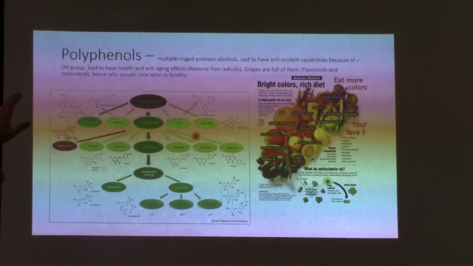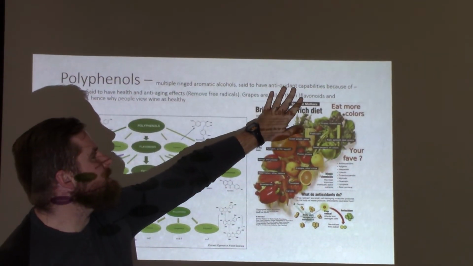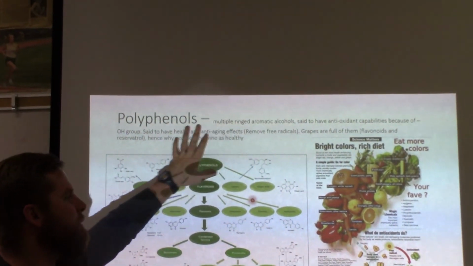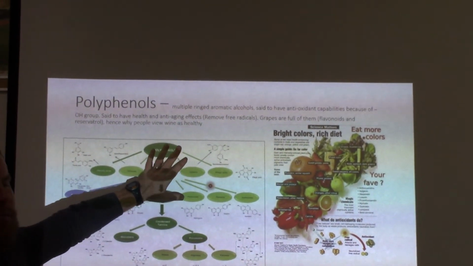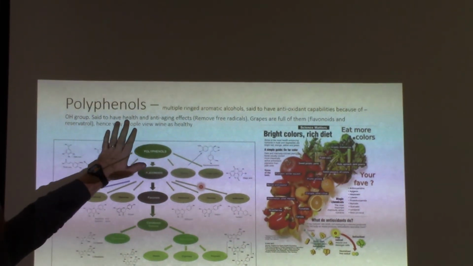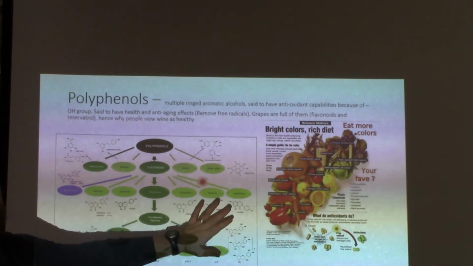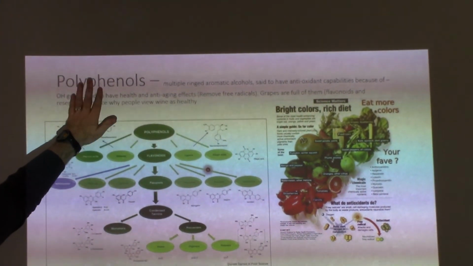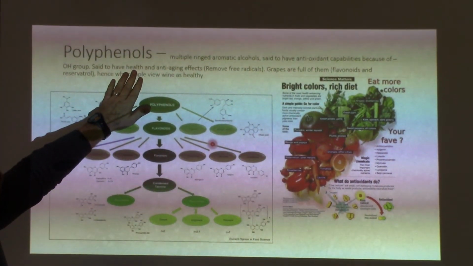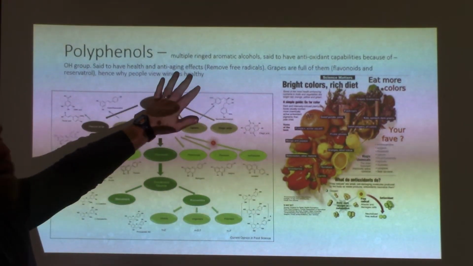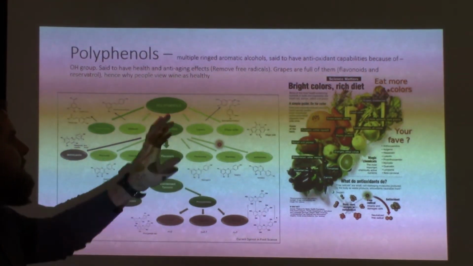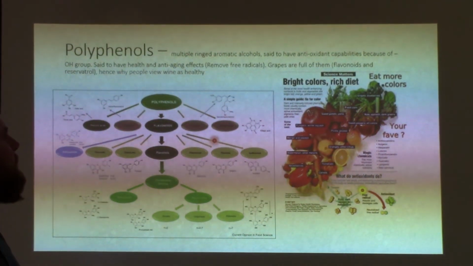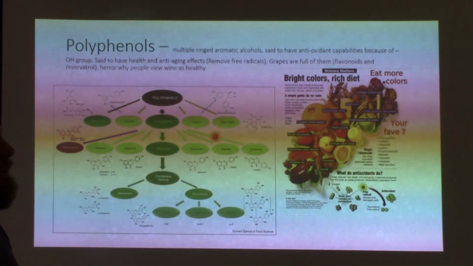So if we have antioxidants in our diet, what they do is they bond with free radicals that float naturally in your body and remove them so they don't cause DNA damage or mutation. So as a result, these polyphenols are very healthy in our diet. And they have anti-aging effects and anti-cancer effects and lots of different types of indirect health effects.